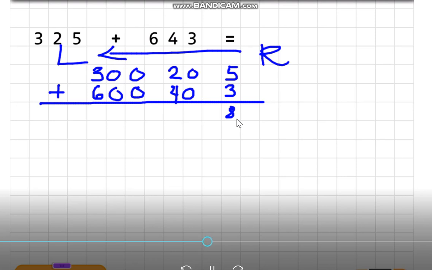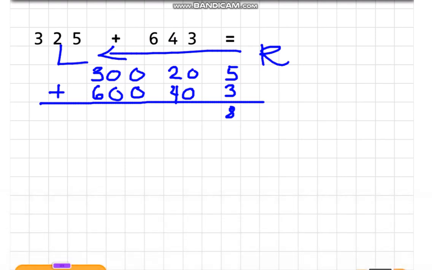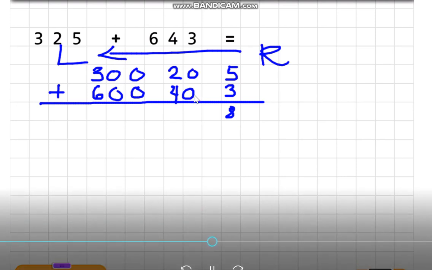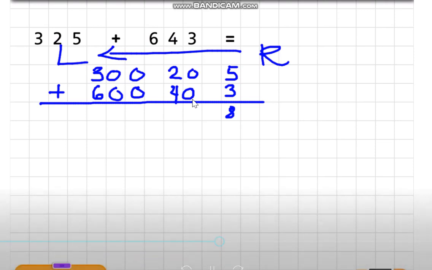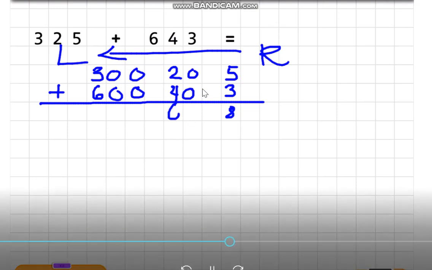Okay, next one we are going to write 20 plus 40. So we are adding the tens place now. Again, since we are solving the numbers in the tens column, we must write the answer in the tens column. So 20 and 40 is 60.